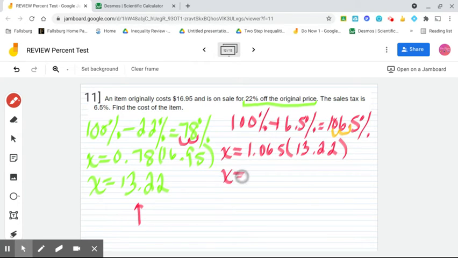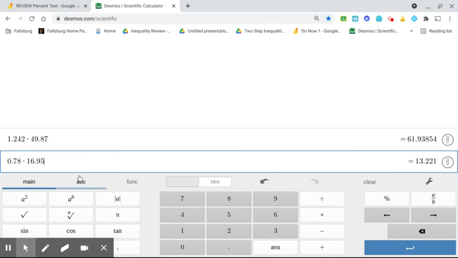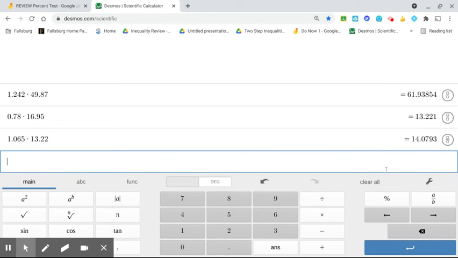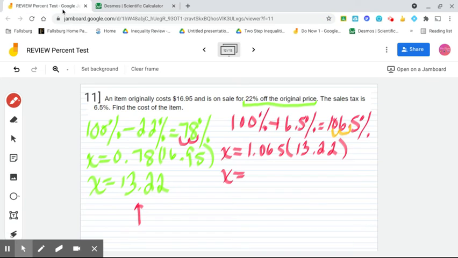This is going to give us the total price, including discount and tax. 1.065 times 13.22 gives me 14.07, but this 9 rounds this 7 up to an 8. So it's 14.08. That is the total price.